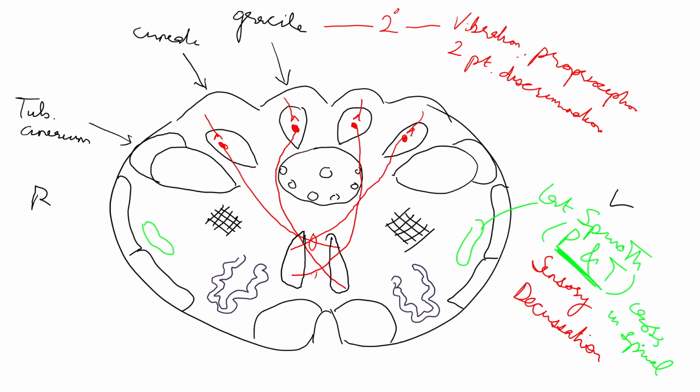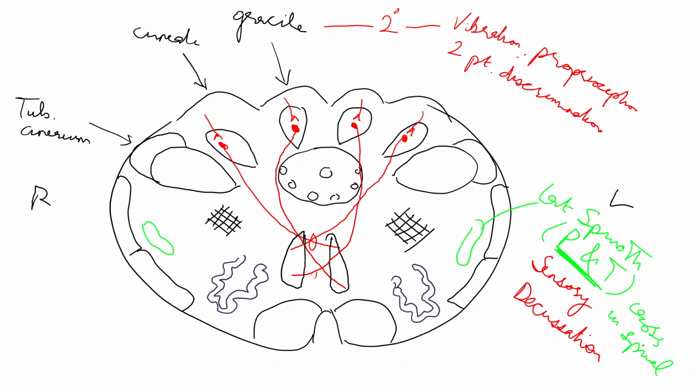Suppose if from the upper limb the axons carrying pain and temperature enter at C5 to T1 level, they will cross at their respective spinal segment level only. Right, and it is the second order neuron only. This will all be covered in detail when the spinothalamic tract is covered in detail. Right, so this is the diagram of the second level.